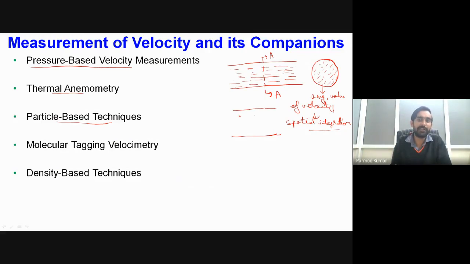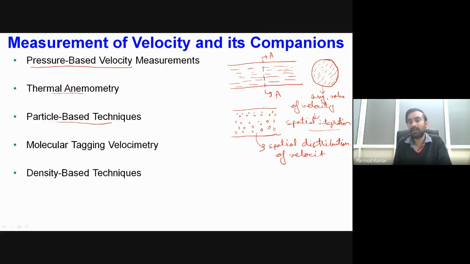In this type of arrangement, we have the value of velocity at different points. In our flow field we will have a large number of points, and on all these points we will have the spatial distribution of the velocity field.